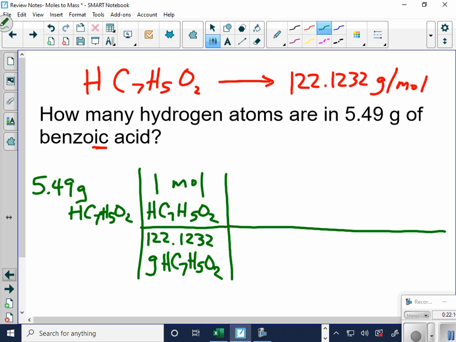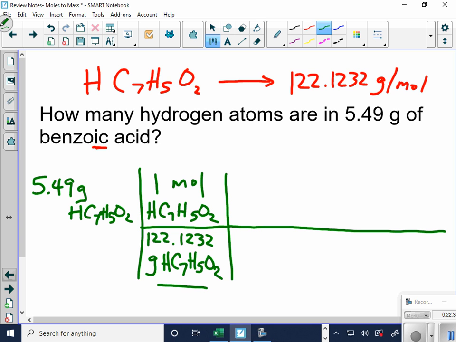Now, one point here, ladies and gentlemen, that I want to make, okay? One point that I want to make. Notice how I'm including labels for everything. I'm just not putting 1 over 122.1232, as I saw some of you doing when I looked at this.